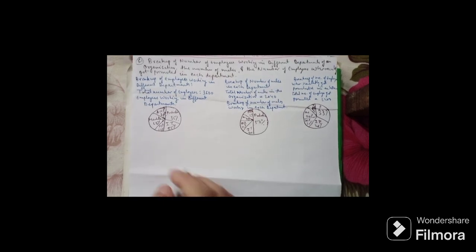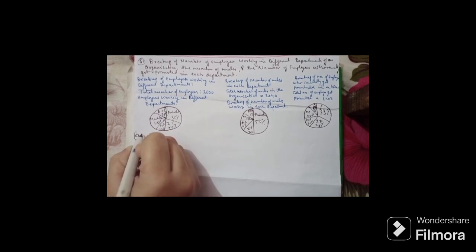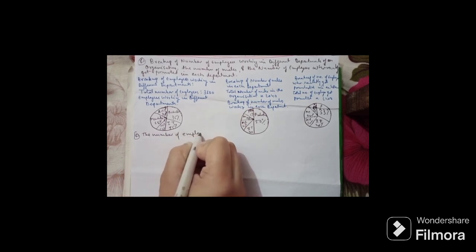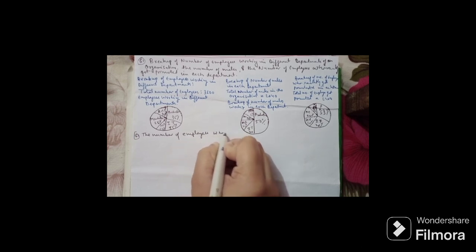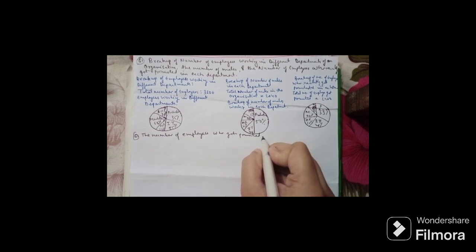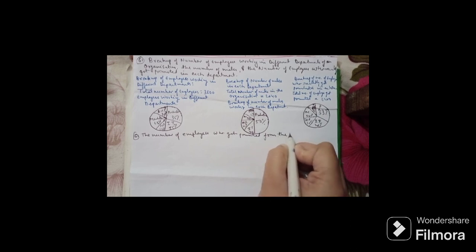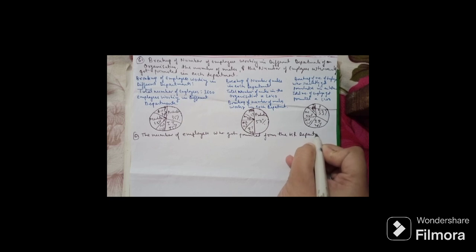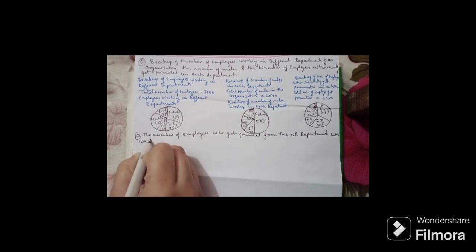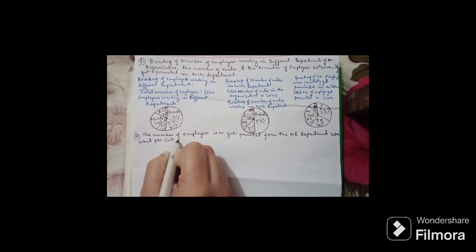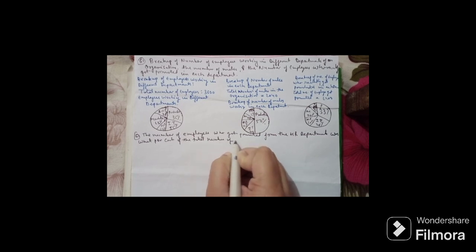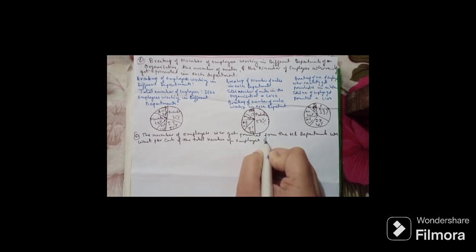So the 61st question: the number of employees who got promoted from the HR department was what percent of the total number of employees working in the department.